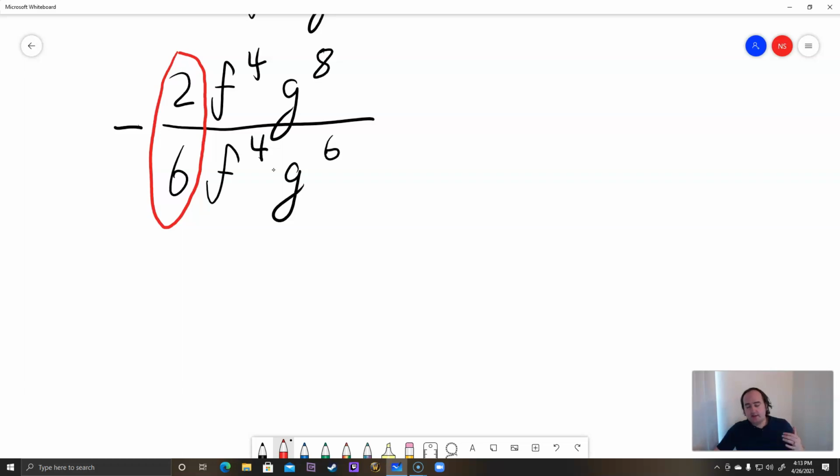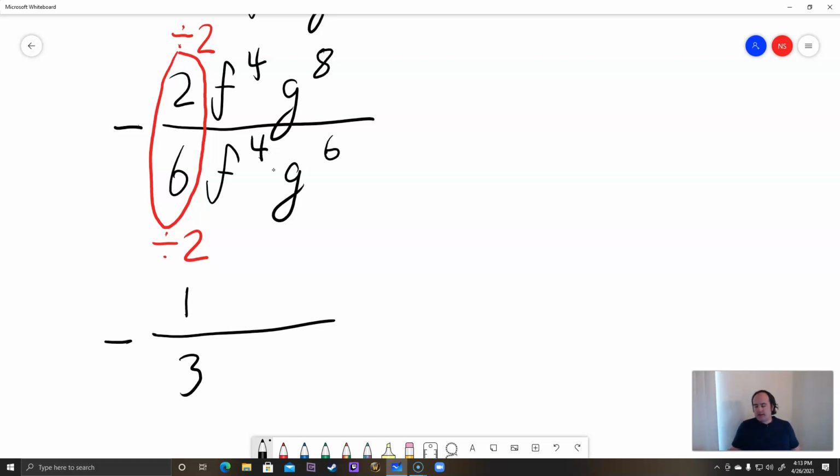So we can divide 2 and 6 by 2. So let's go ahead and do that first. If we divide the top and the bottom by 2, we're going to get negative 1 over 3, because 2 divided by 2 is 1, and then 6 divided by 2 is 3. Okay, and that takes care of the constant.